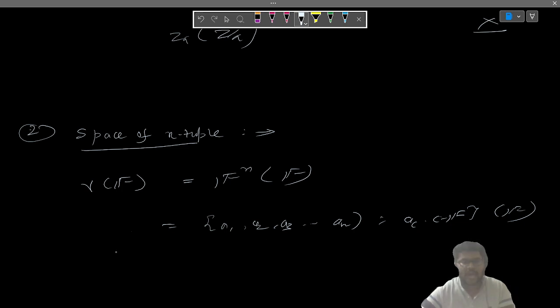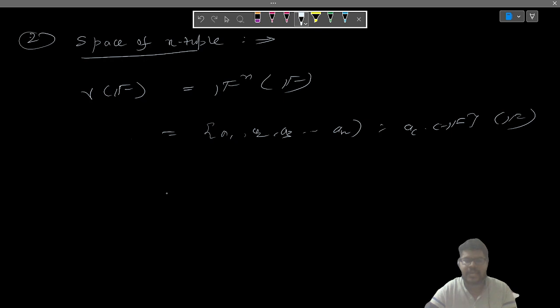So now let us first verify the basic properties of the vector space. Vector addition.